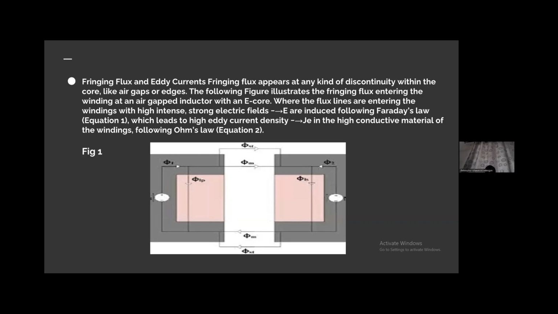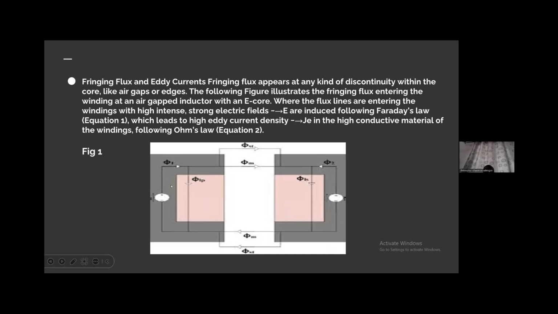Strong electric fields, minus E, are induced following Faraday's law, equation 1, which leads to high eddy current density.